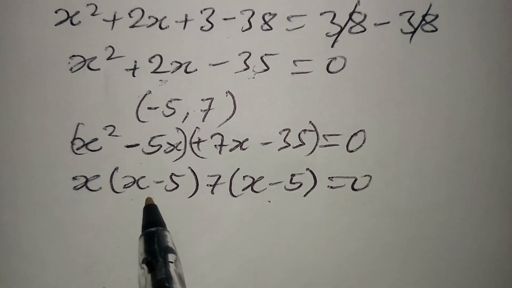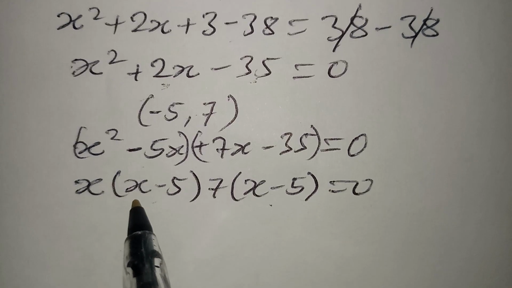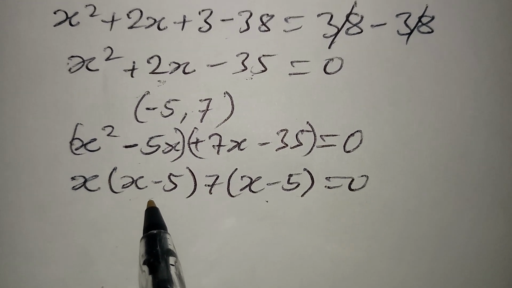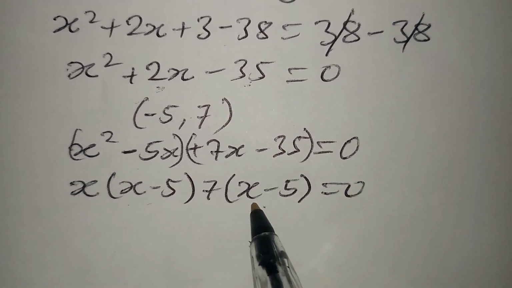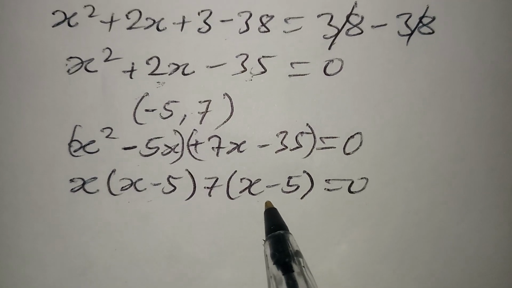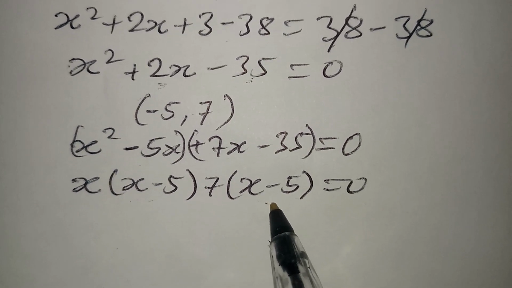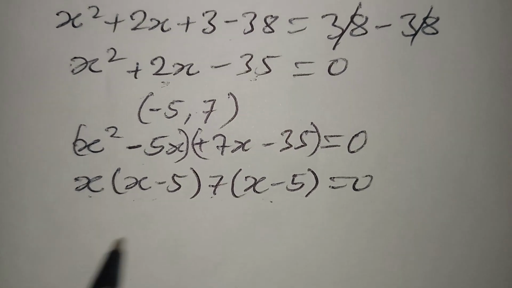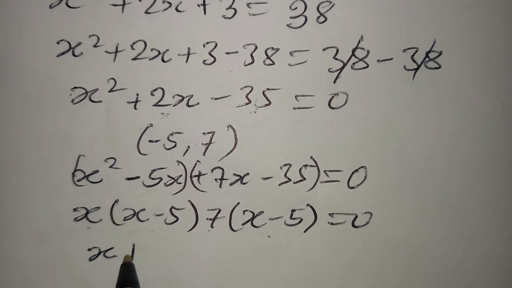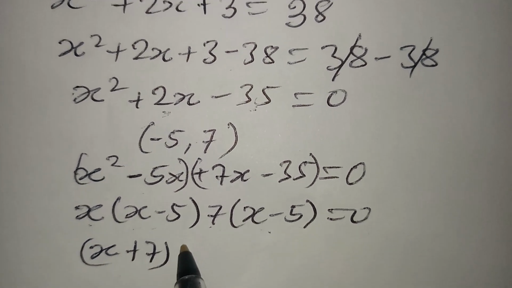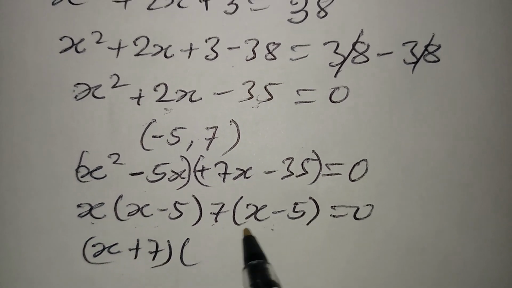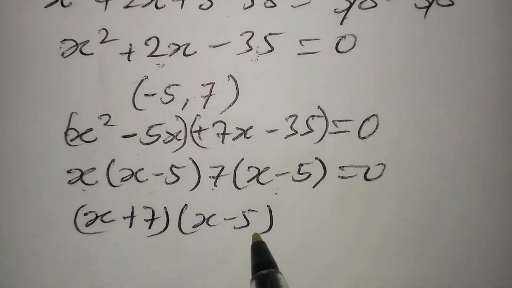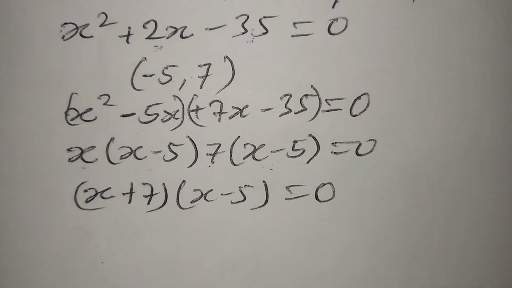So looking at this, you can see that the x minus 5 here is exactly the same as in the next parenthesis. And so we consider the outside terms as 1. So we have x plus 7. Then we pick one of the parentheses, x minus 5, equal to 0.